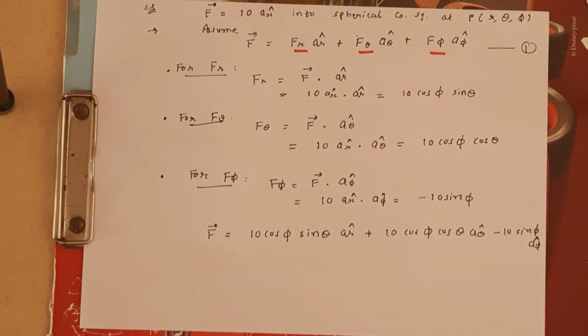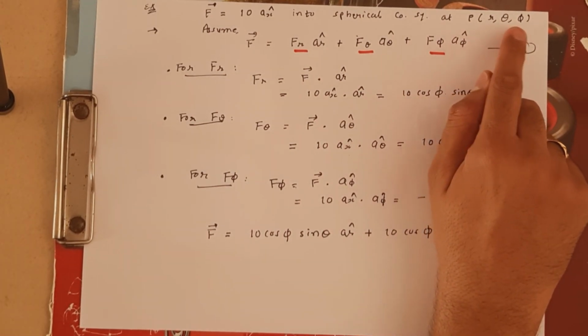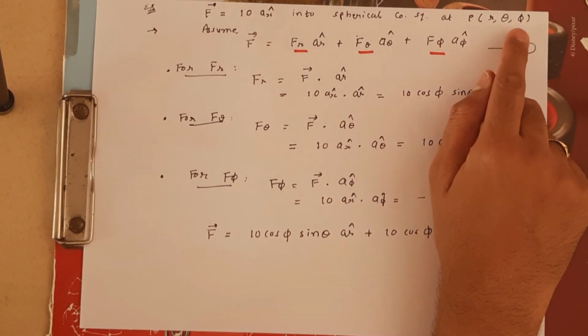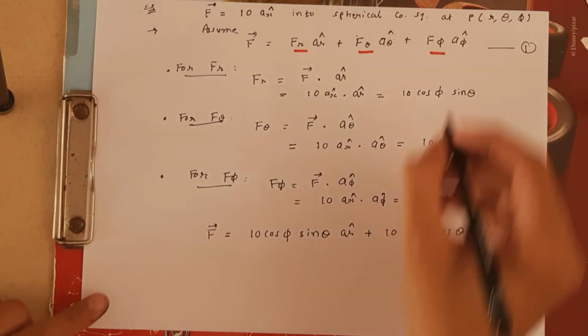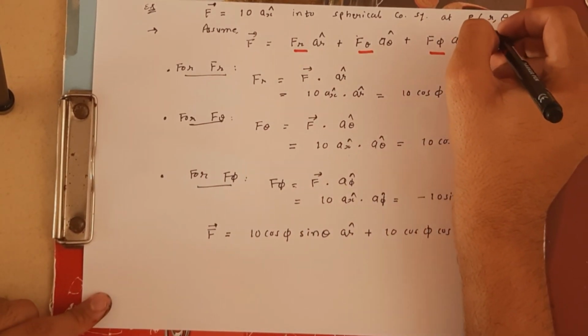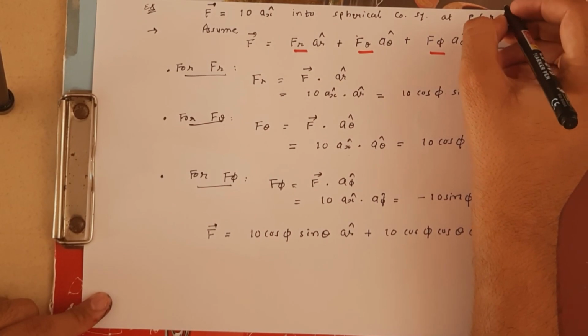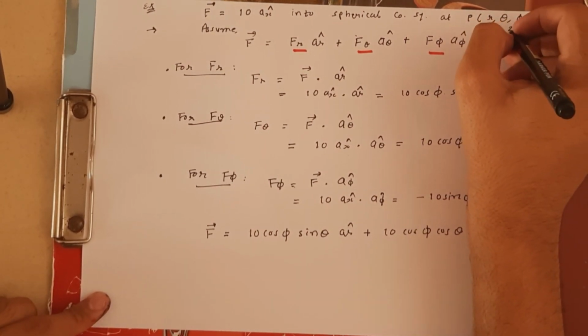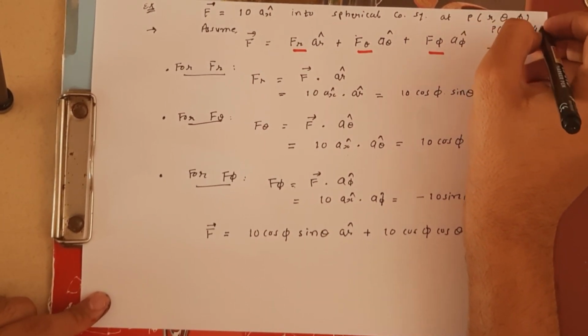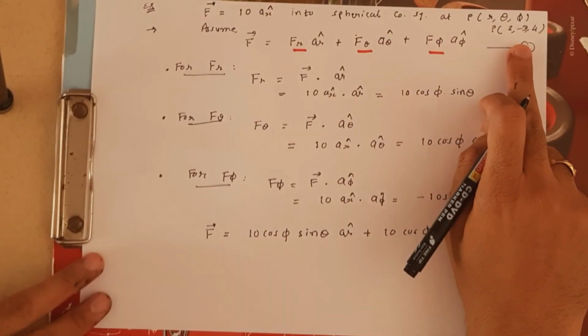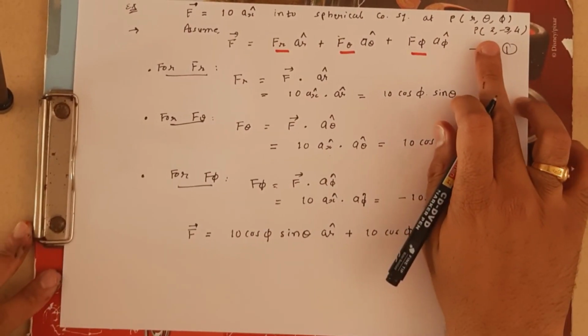Okay, so here the point is given, which is R, theta and phi. But maybe the point is not in R, theta and phi. The point P may be something like 2, minus 3 and 4. So what do you have to do? The point is given in the Cartesian coordinate system.